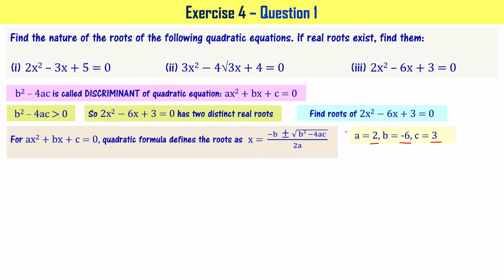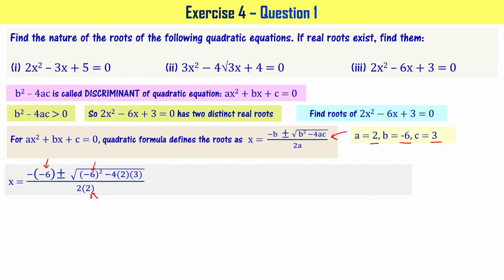Let's substitute all these values into the formula so that we can write x equal to minus of minus 6, that is minus b, plus or minus square root of b square, that is minus 6 whole square, minus 4ac, that is minus 4 times 2 times 3, divided by 2a, that is 2 times 2, right? You simplify this further and write it as 6 plus or minus square root of 36 minus 24 divided by 4, right?